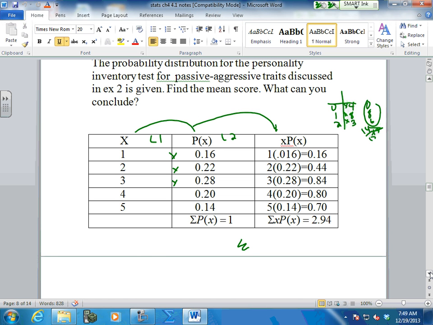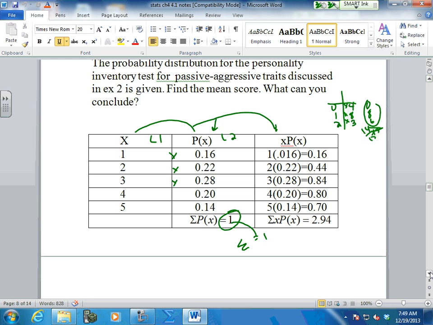Now, what happens in your calculator is if it adds this whole thing up, and these are all your probabilities, they add up to 1. So it divides by 1, which is the same as saying just multiply and add them all up, because in your calculator, it will just divide by 1. So essentially, your calculator is doing the same thing as this one does, because this total is 1.